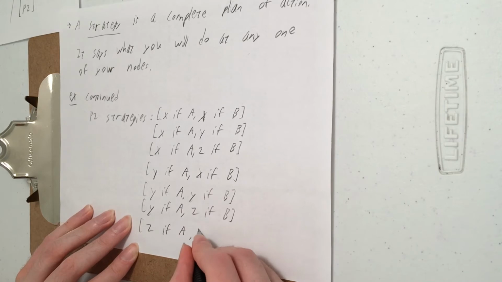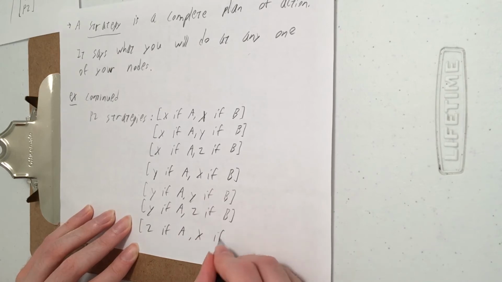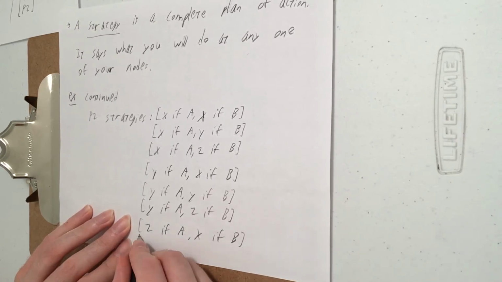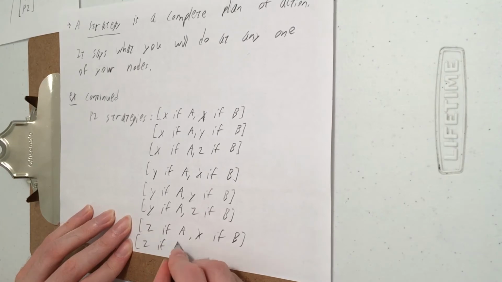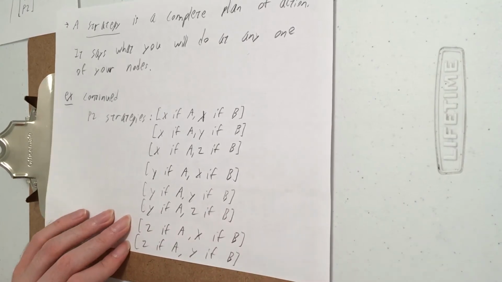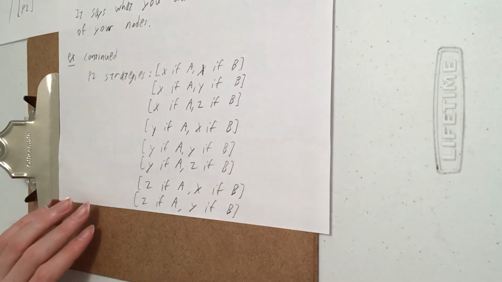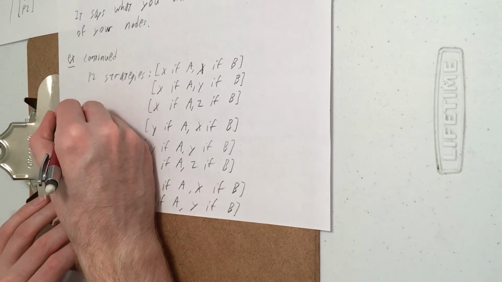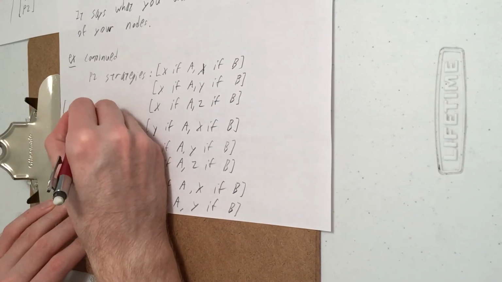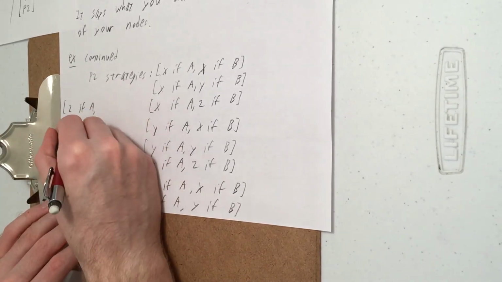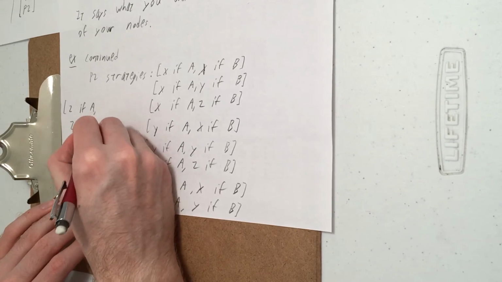Z if A, X if B, Z if A, Y if B, and I'll just write over here, Z if A, Z if B.